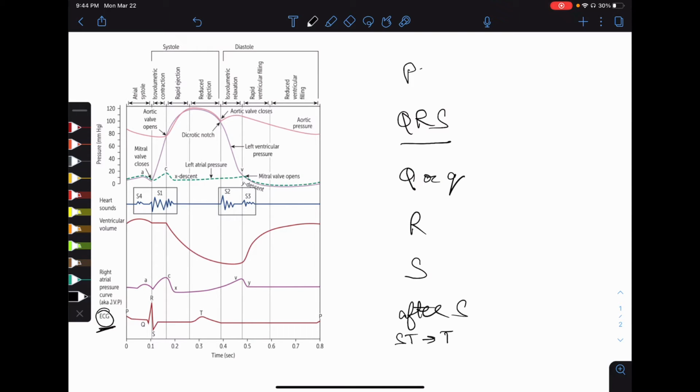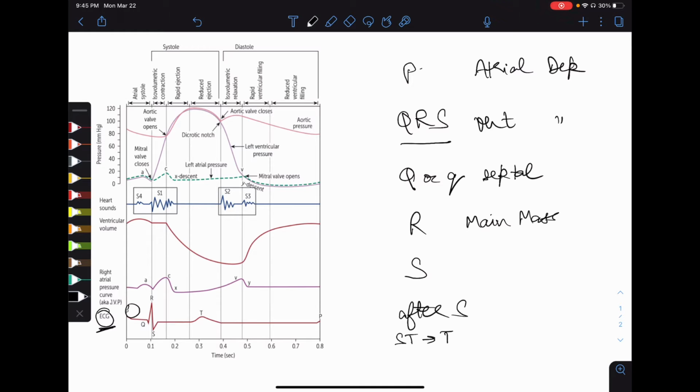So the P wave is your atrial depolarization, this one. QRS is ventricular depolarization. When you break it up, Q is septal depolarization. R is the main mass of the ventricular depolarization.